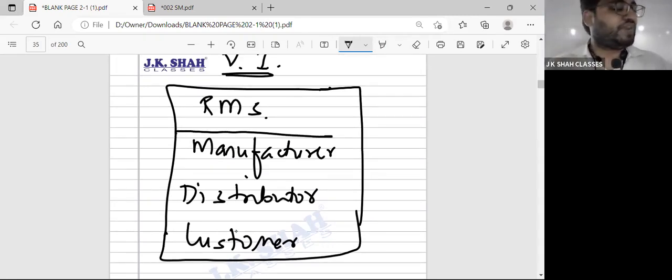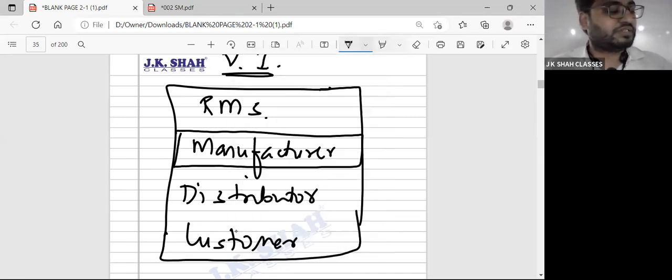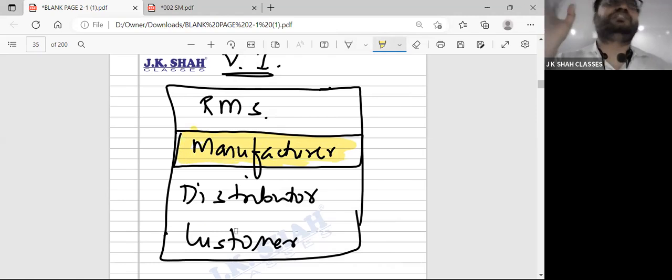You are a manufacturer in this. You carry out manufacturing activity. You can think of any example, but I'll be very specific here. Let's talk about car business, auto business. You are into manufacturing four-wheeler cars.